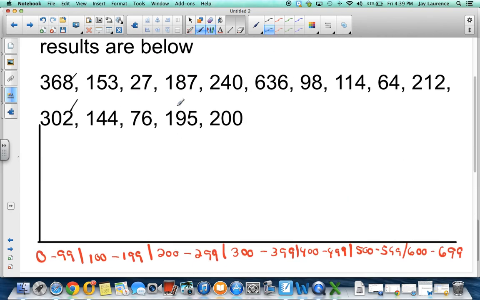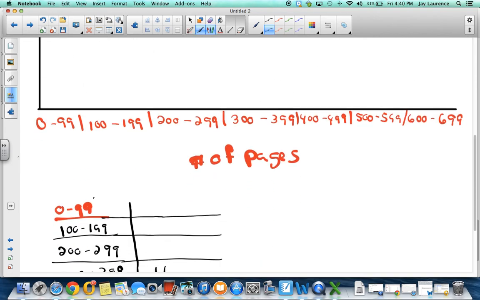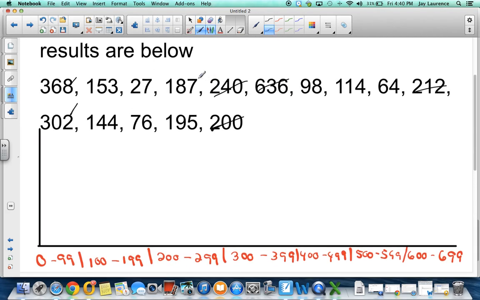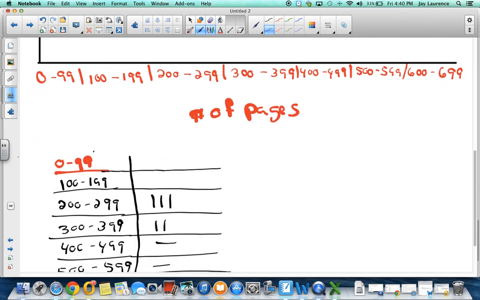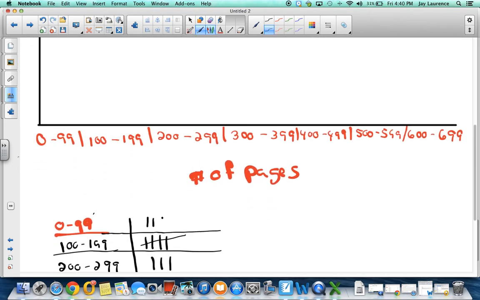In the 200 page range I've got 1, 2, 3. Am I missing any? So I've got 1, 2, 3. In the 100 page range I've got 1, 2, 3, 4, 5. And below 100, there's 1, 2, 3, and 4.